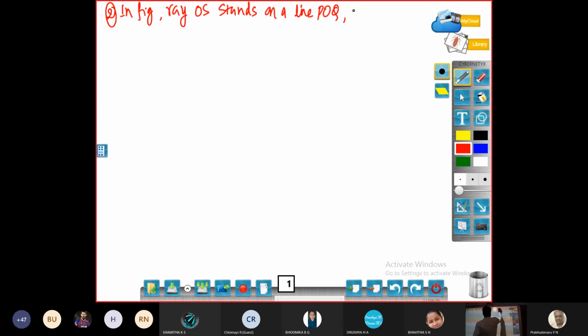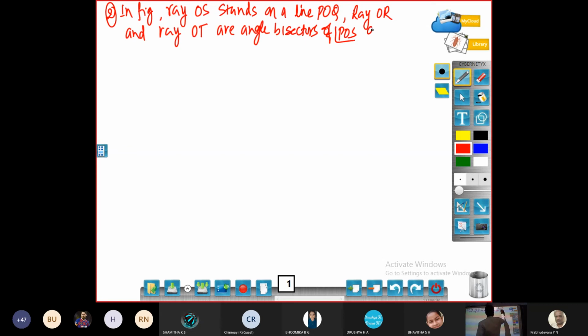Ray OR and ray OT are angle bisectors of POS and SOQ respectively.